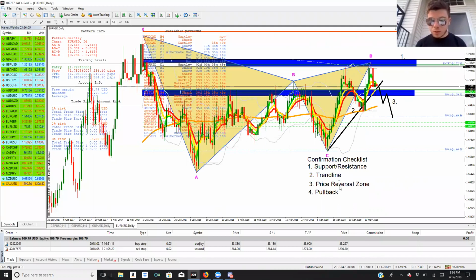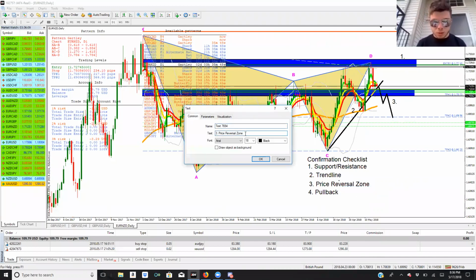Okay, label this one and put in here break/retest.